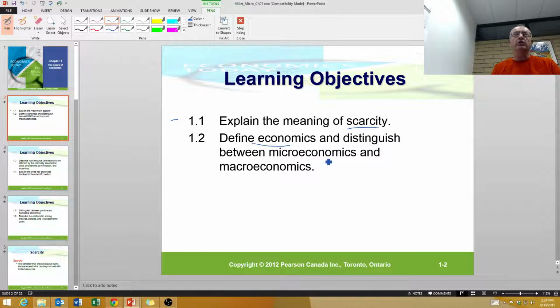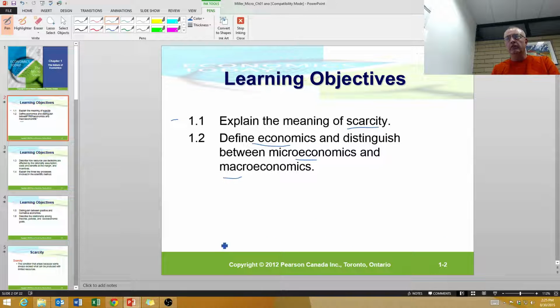The textbook only distinguishes two types, micro and macro, but in fact there are many more branches of economics. There's micro, there's macro, there's econometrics, there's behavioral, and some other fancy ones that are sub-disciplines of these. We'll look at these different branches of economics.